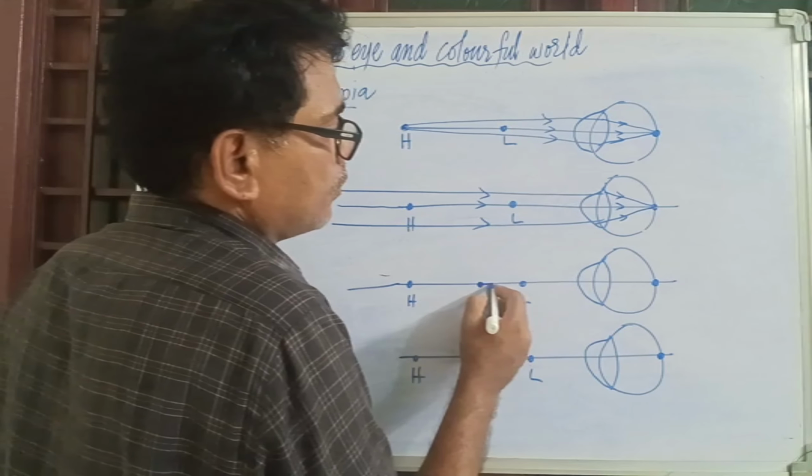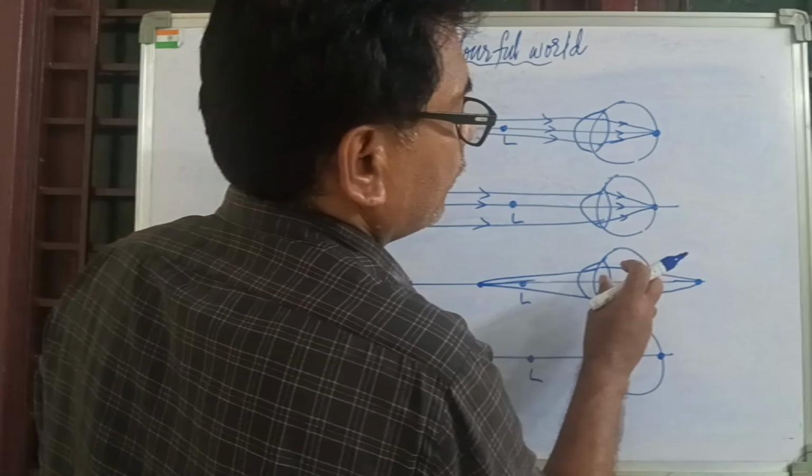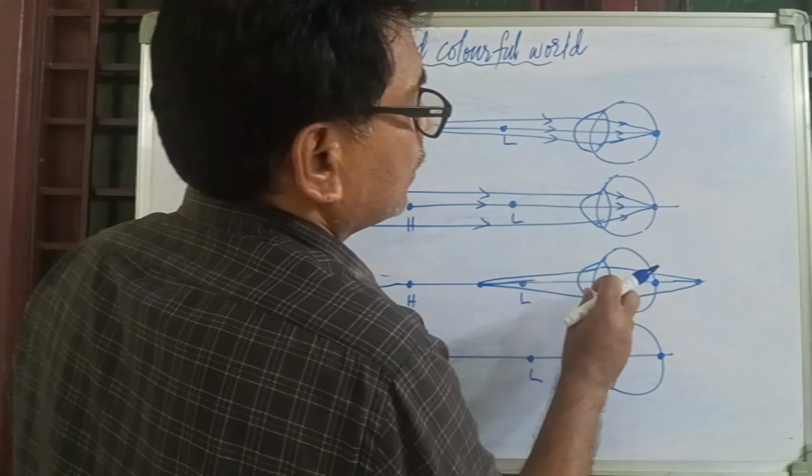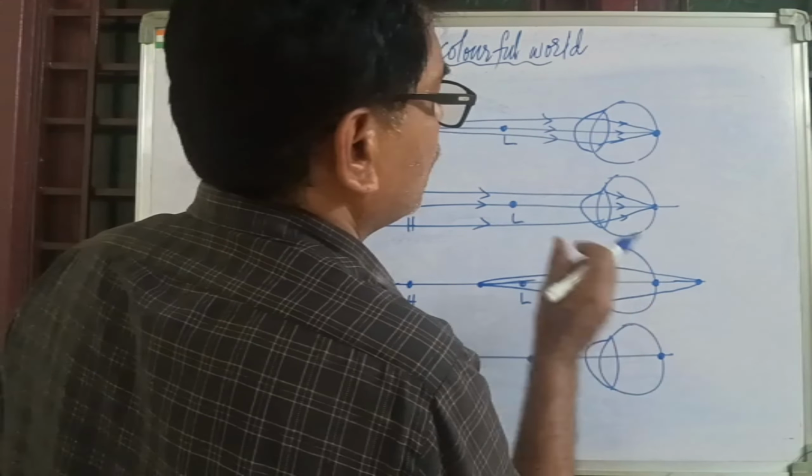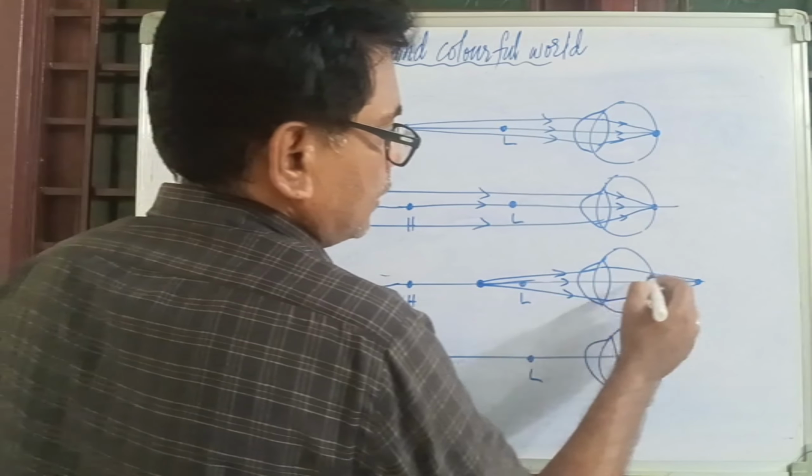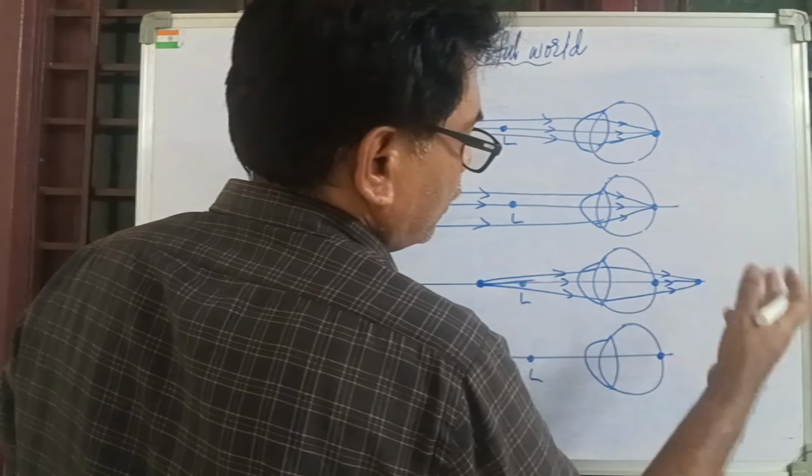These rays converge at the back of the retina. Maybe the eyeball might have decreased its size, and along with that the focal length also might have decreased. He cannot see objects which are near. The image is falling beyond the retina.